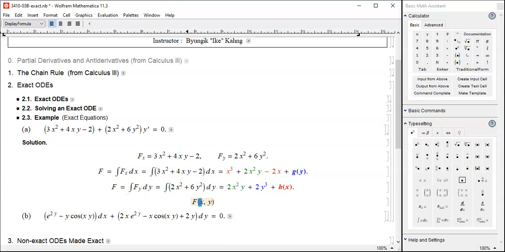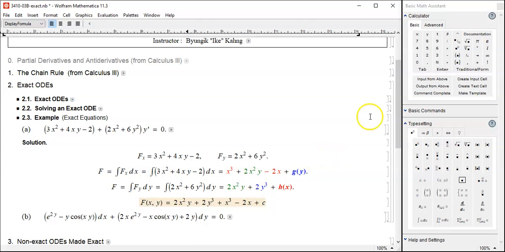F of x comma y is equal to 2x squared y plus 2y cubed plus now h of x. So x cubed minus 2x. And then finally, we need real C. But we don't really need real C, do we?